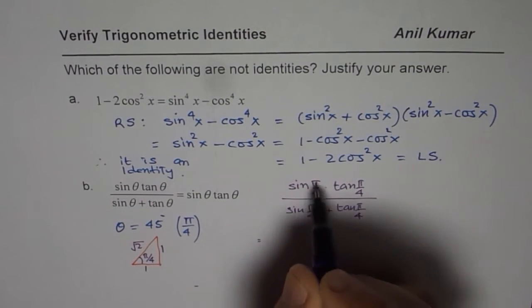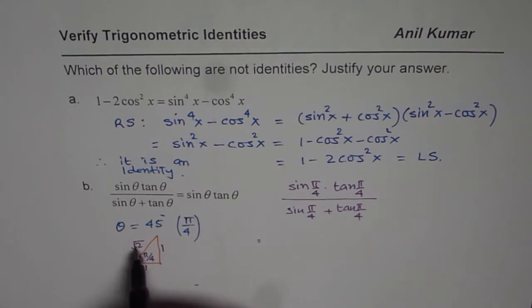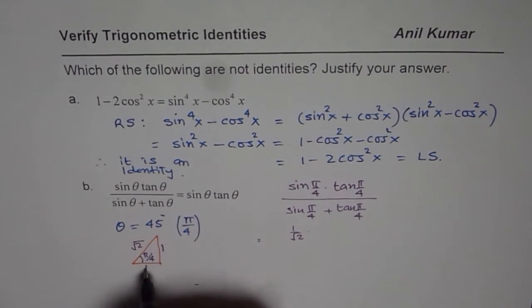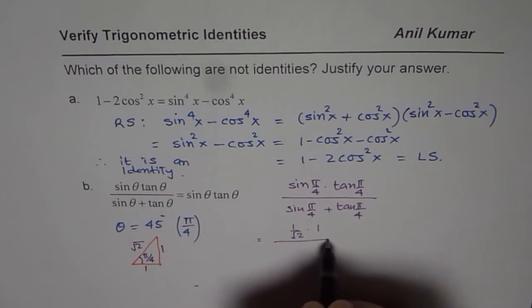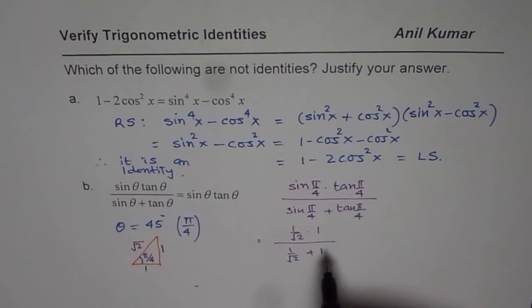Now in this case, sine pi by 4 is equal to 1 over square root 2. So we have 1 over square root 2 times tan pi by 4, which is 1, divided by 1 over square root 2 plus 1, right? Now clearly the denominator 1 over square root 2 plus 1 is not equal to 1, right?